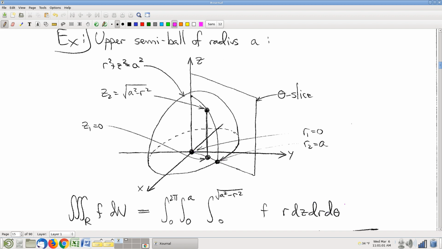Lastly, for a given theta slice, for a given r slice on the theta slice, what's the range of values of z? Well, z starts there, which is clearly 0. z ends here. Whew, okay. What do I know about that? Well, that's on the sphere, which has that equation. Solve for z.